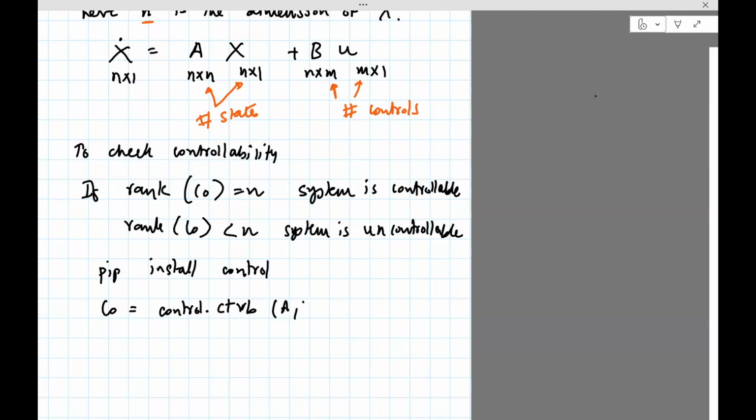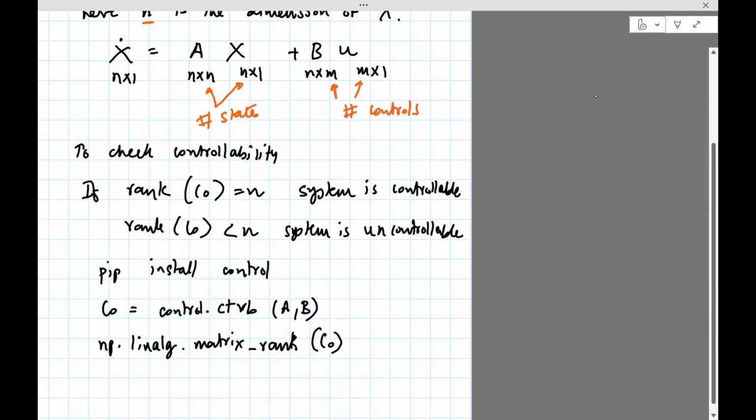You supply it with A and then B, and then to find the rank, you just need the linear algebra package and just say matrix rank of CO. And if the rank you get is n, then it's controllable. If not, it's not controllable. Okay, so I think I have an example which shows exactly how to do this. Let's see that example.